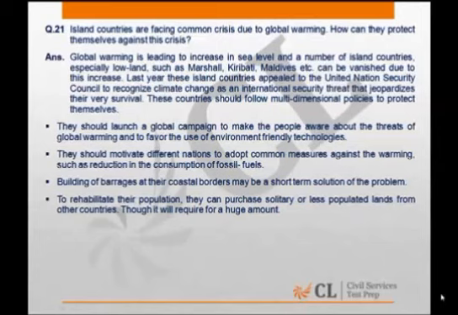It is expected that in coming years they may be drowned or marooned in the sea. What could be the instant remedies? Mitigation and climate change adaptation.